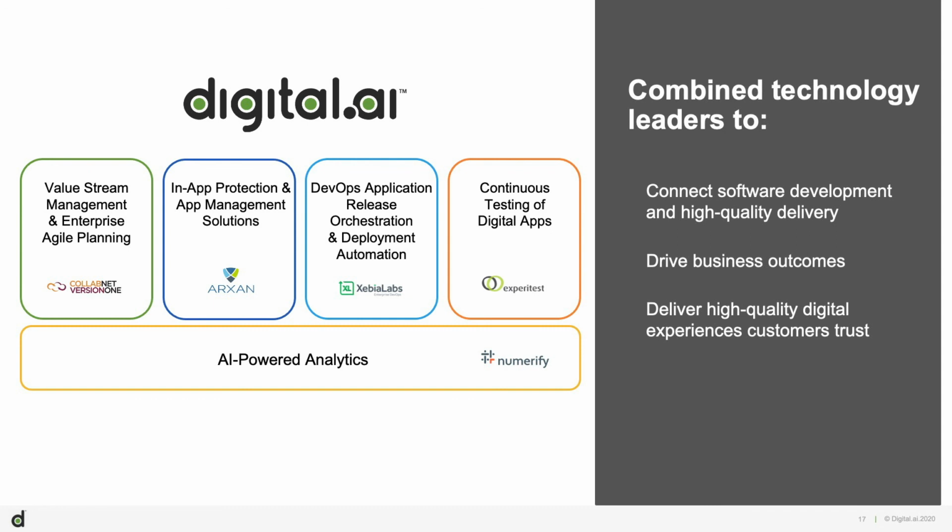So in the Digital.ai world, we are a key part of the overall value stream management process. Essentially the ability to build software in the midst of digital transformation the right way, gather the data necessary to measure things in the right way, and all that time ensuring that security is being addressed throughout the entire life cycle.